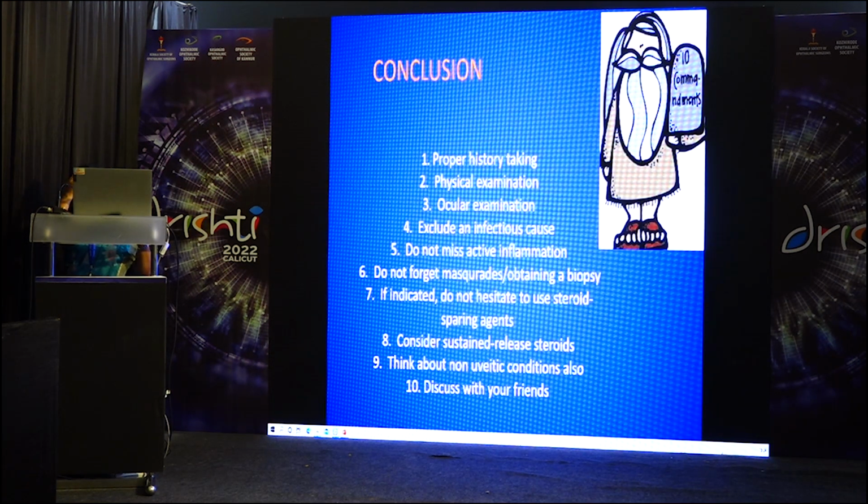So the 10 commandments are: proper history taking, physical examination, ocular examination, exclude infectious cause, do not miss active inflammation, do not forget about masquerades by obtaining a biopsy, if indicated do not hesitate to use steroid sparing agents, consider sustained release steroids, think about non-uveitic conditions, and last, discuss with your friends. Thank you.